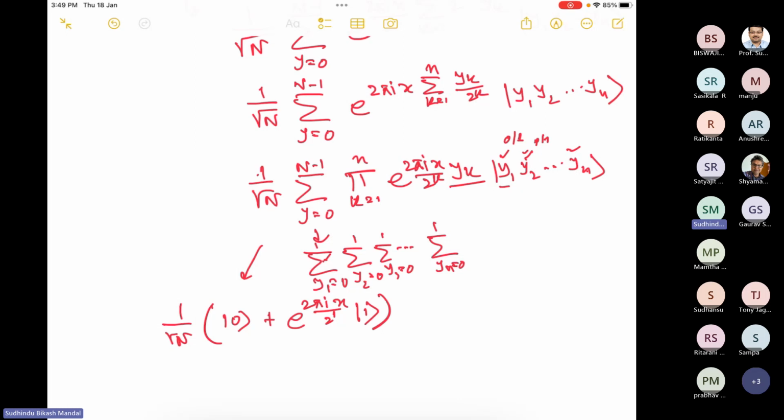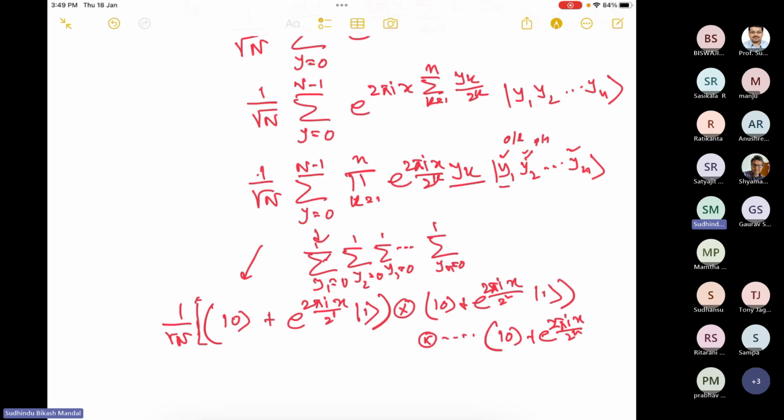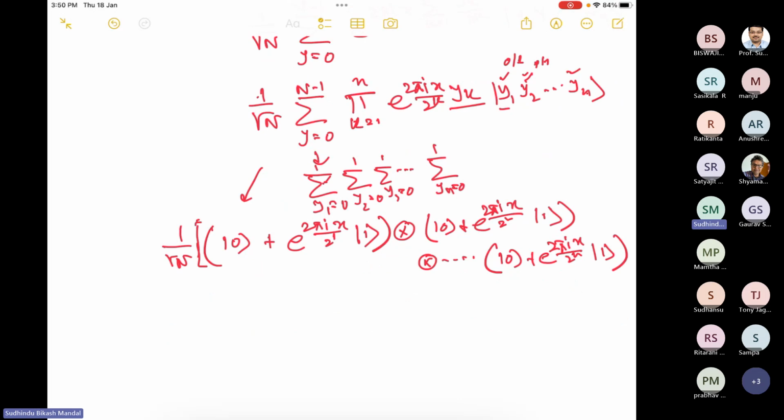Now there is a product form, so we put the tensor product. The second term will be 0 plus e to the power 2 pi i x by 2 to the power 2, since k equals 2, and here the y2 value is 0 or 1. So in this way the tensor product is 0 plus e to the power 2 pi i x by 2 to the power n, 1. Now it becomes much closer to making a quantum circuit.